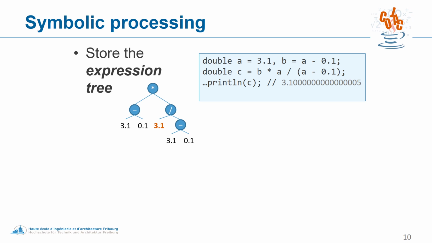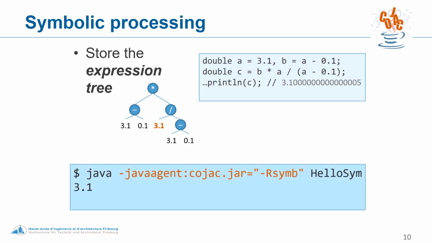In this expression, for instance, there is normally a small rounding error. Remember that writing 0.1 is always misleading, as 1/10 has no finite representation in base 2. But when you run that in our symbolic mode, the evaluation applies on the whole computation tree.